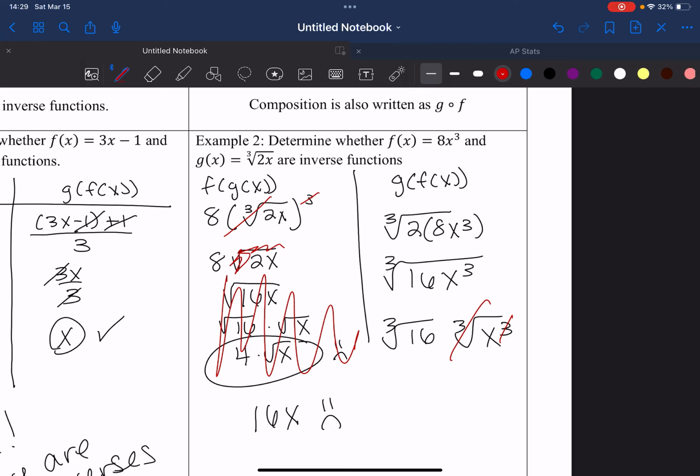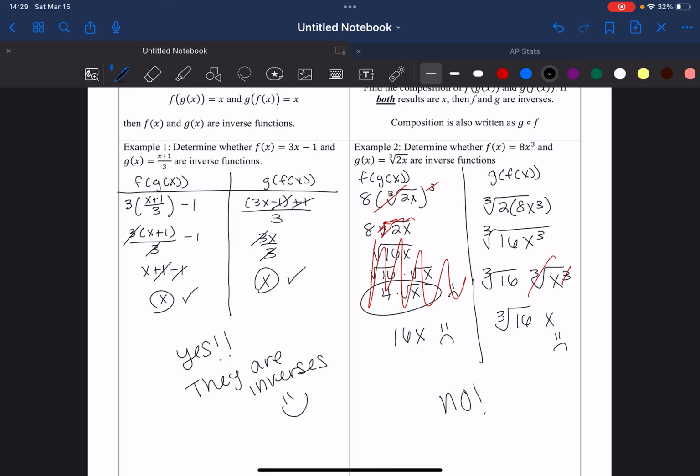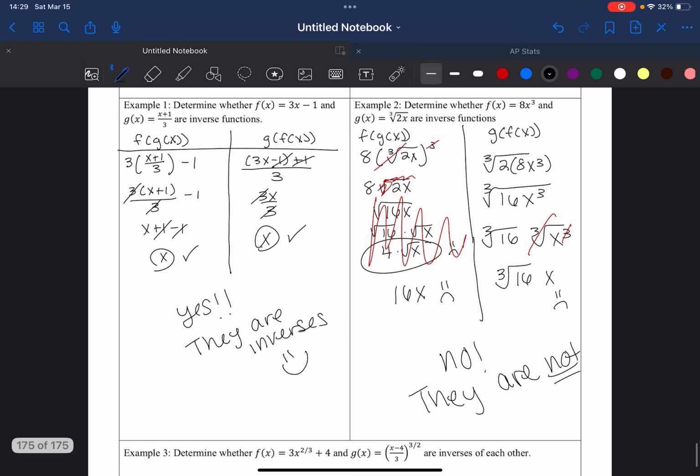I don't think we can simplify the cube root of 16. So this is just the cube root of 16x, which again is not x. So since we didn't get x for either side, like on example 1, then we would say no, they are not inverses.